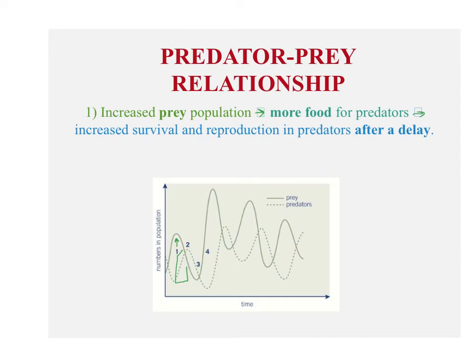There's the delay because there has to be, obviously, recognising that food source has increased. But remember, we're talking about numbers in population, so reproduction has to be involved. And depending on the gestation period of the organisms in question, that could be a much closer pattern matching, or it could take a little bit longer if there's a long gestation period, i.e. the females are pregnant for a longer time.